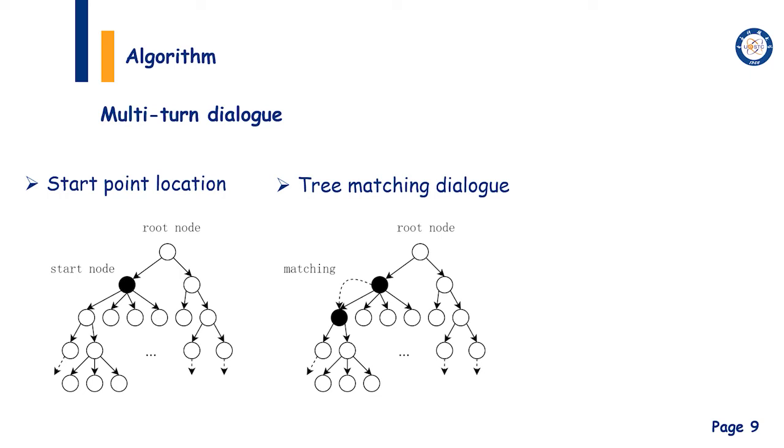For the question asked by the user, the semantic slot is also extracted and matched with all the child nodes of the current dialog node. If the matching is successful, the matched node will be used as the next dialog node. Otherwise, the rematching strategy will be activated.